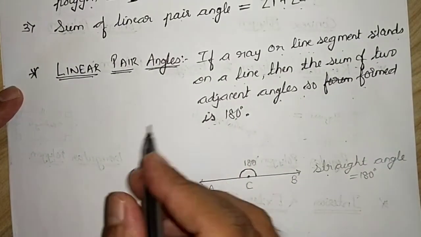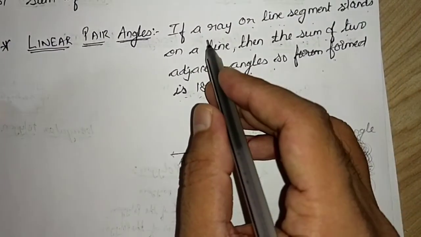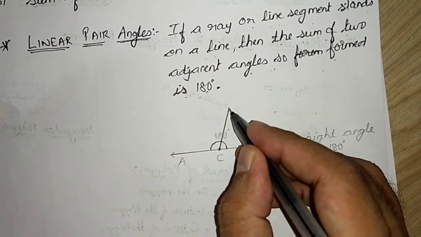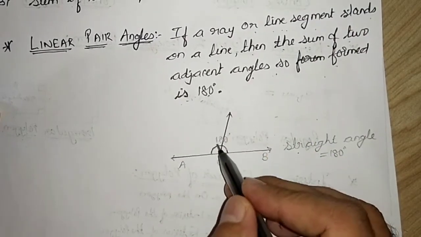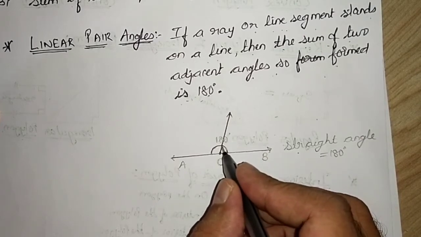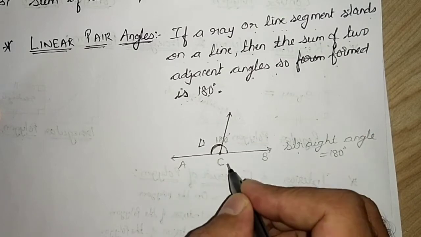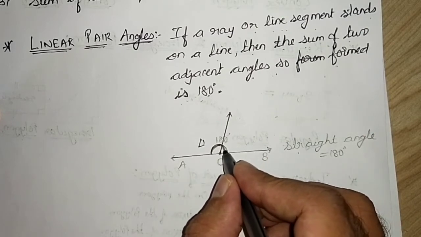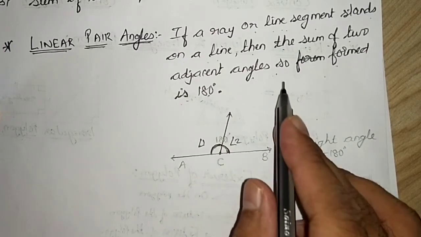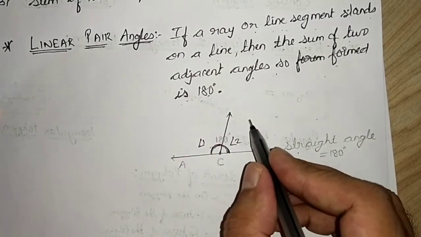Now according to the definition, if a ray or a line stands on a line, then the sum of the two adjacent angles so formed, angles 1 and 2, is 180 degree.